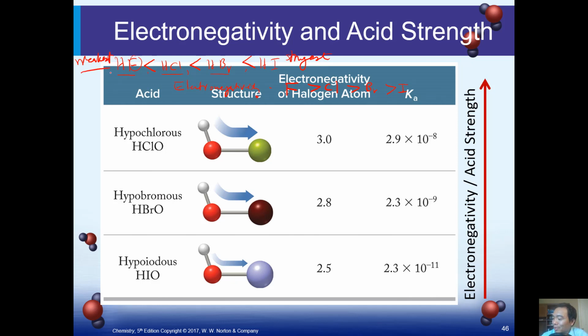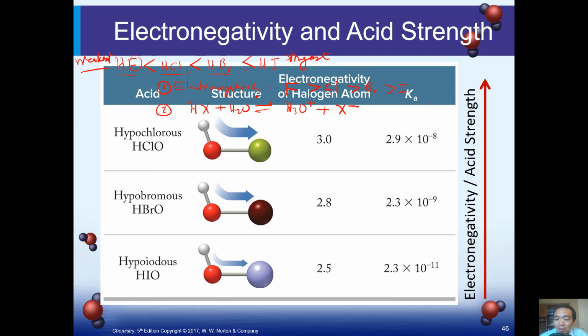So what happened? Actually, you have two factors competing against each other. The first one is the electronegativity. The second one is the stability of the ion that is generated. For example, for HX, X being fluorine, chlorine, bromine, and iodine, when you react with water, it will become hydronium ion and X minus.